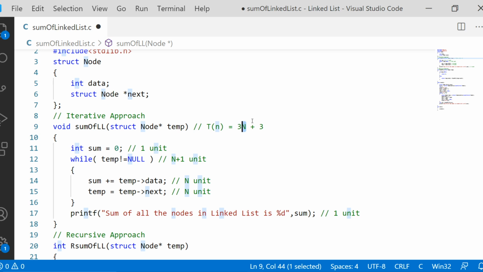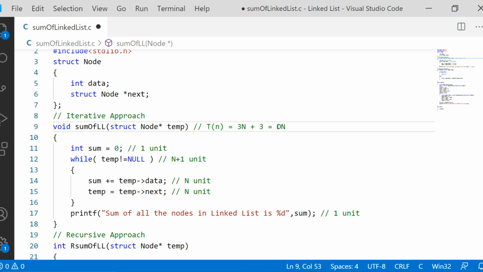So 1 is considered to be the highest degree of the polynomial equation. We should choose the term which has the highest degree. So this is the term having the highest degree. So we take only the part 3n, but 3 is a constant which we can remove and have only n.